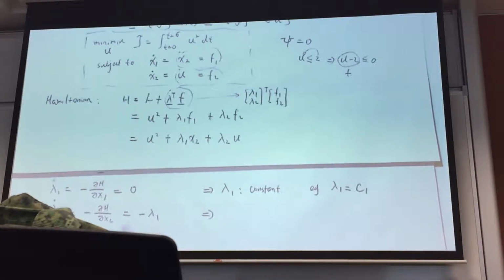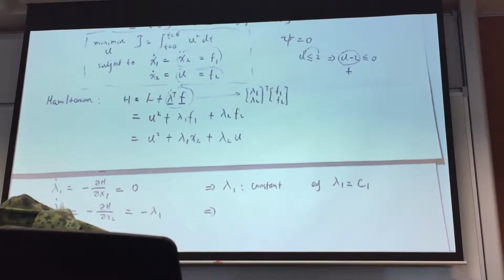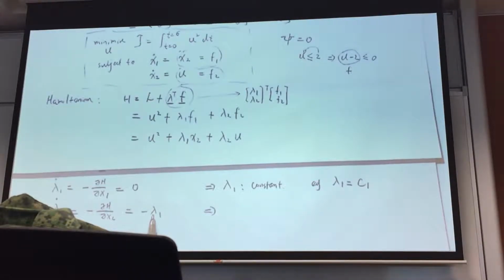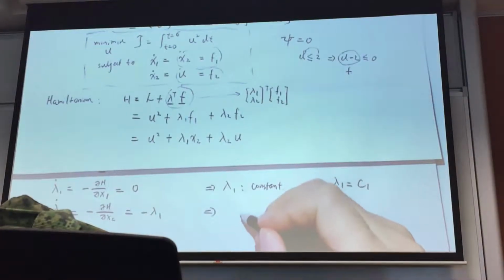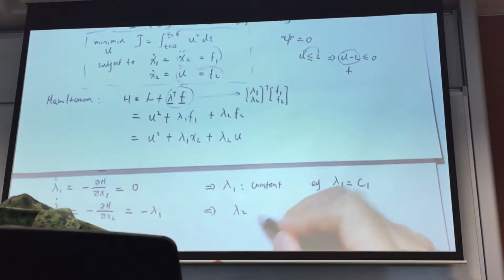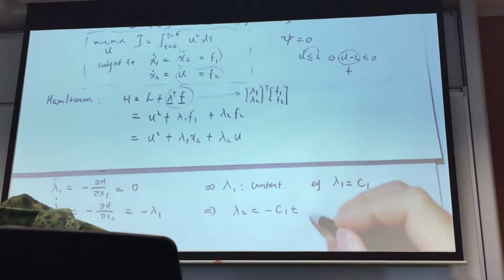What's the meaning of this? If the derivative of a function is constant, that means this function is linearly dependent on time. So we know lambda 2 will be of the form minus c1 t plus another constant c2.